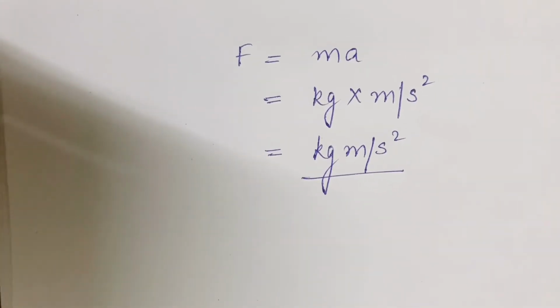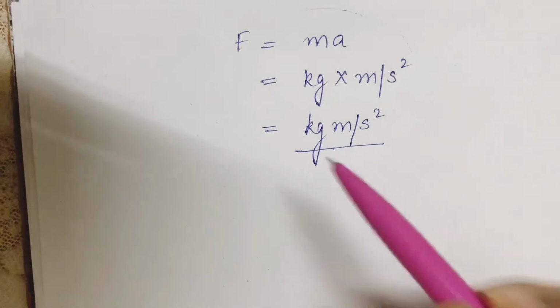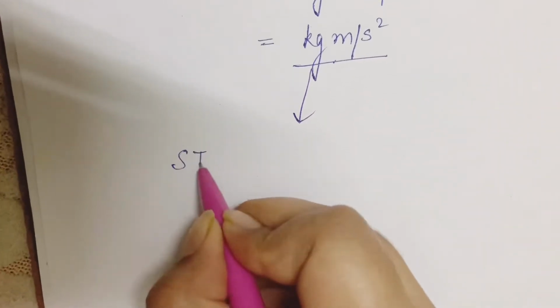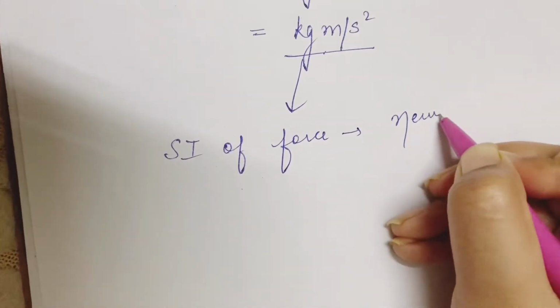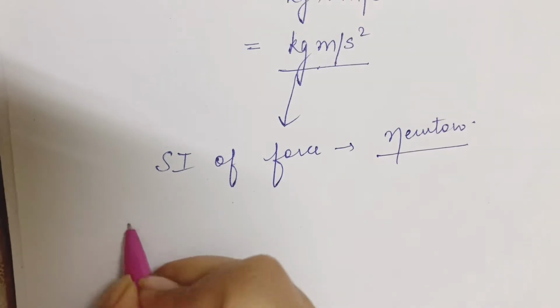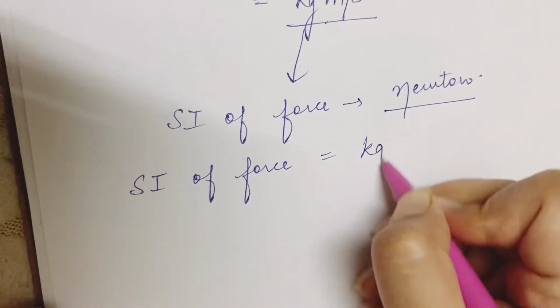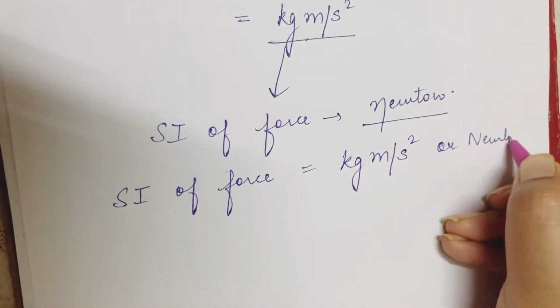So this is your SI unit of force. But all this was discovered by Isaac Newton, so he named the SI unit of force Newton also. So the SI unit of force is either kg meter per second square or Newton.